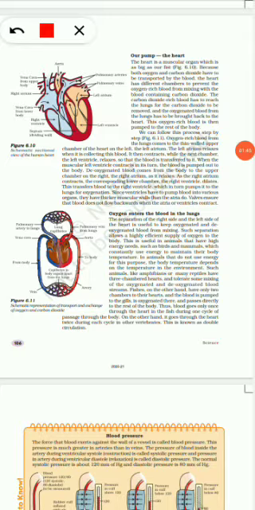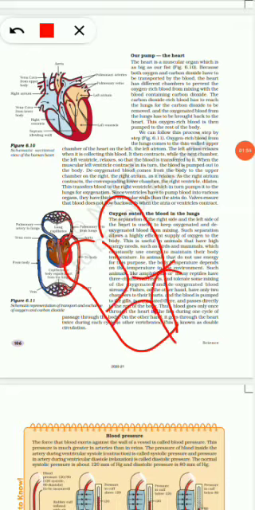If we are drawing a heart, it basically has 4 chambers. This part will be your left atrium, left ventricle, right atrium and right ventricle. So we have 4 chambers in the heart.